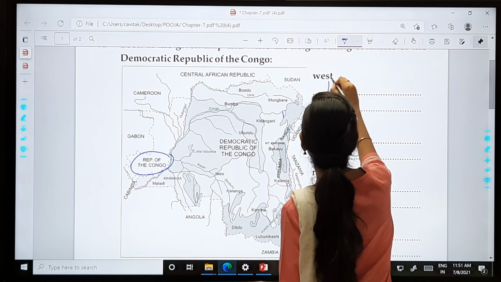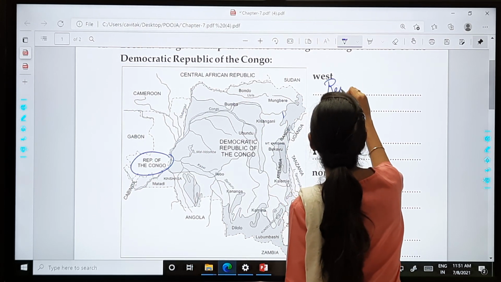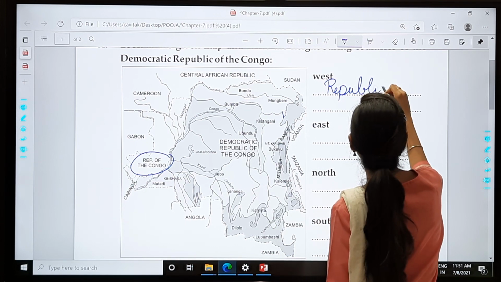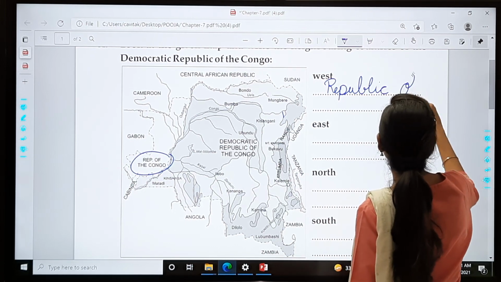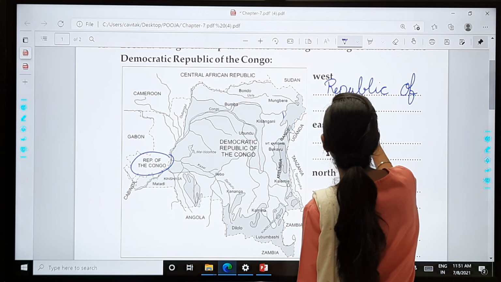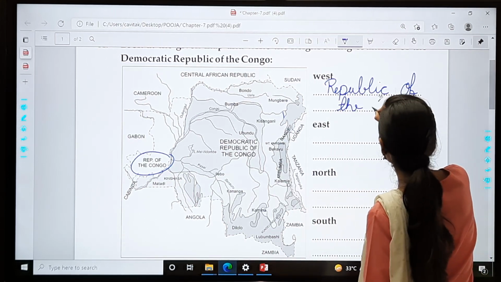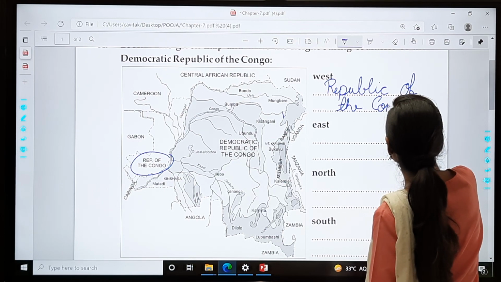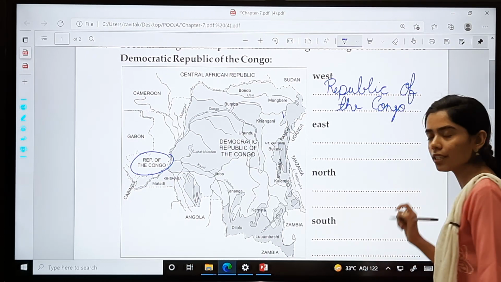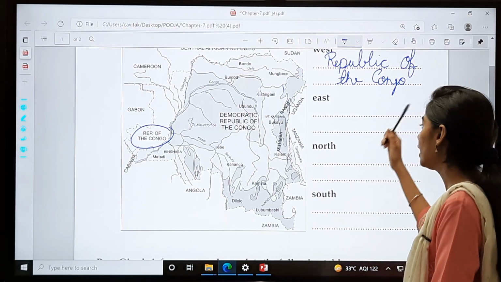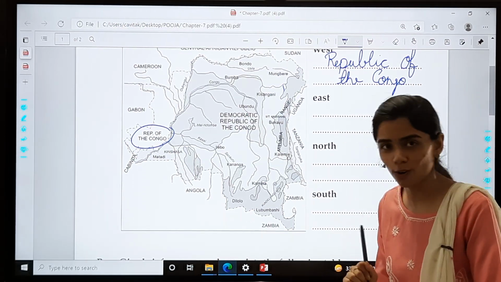So I'll write it over here: Republic of the Congo. Okay, so in this way you have to write all the neighboring countries, that is east, north and south.